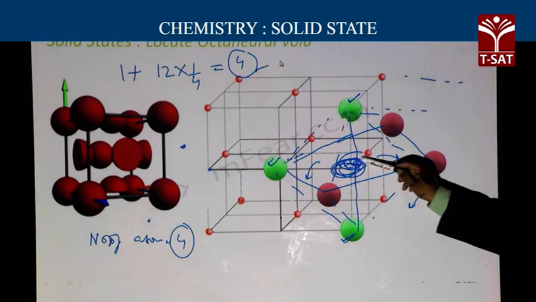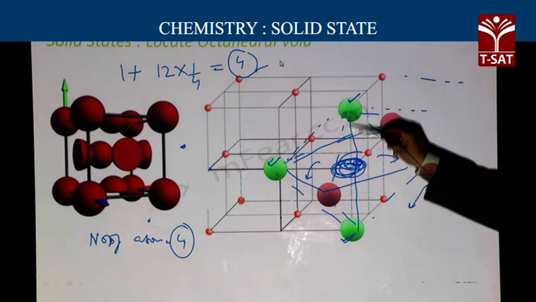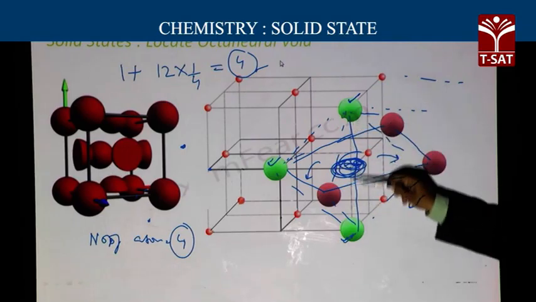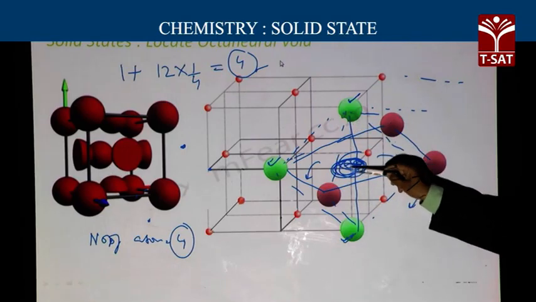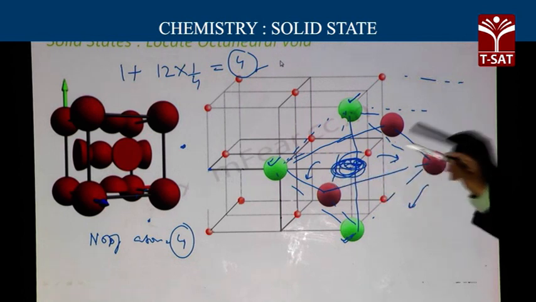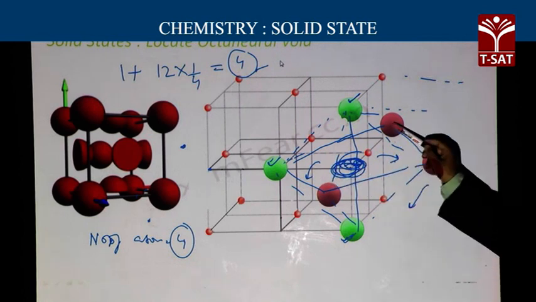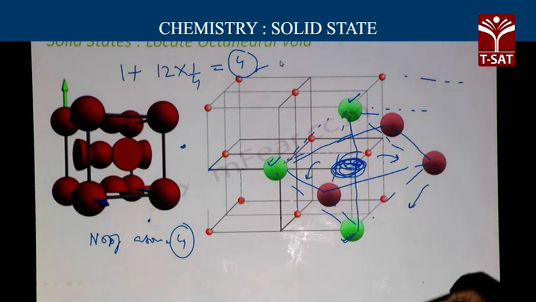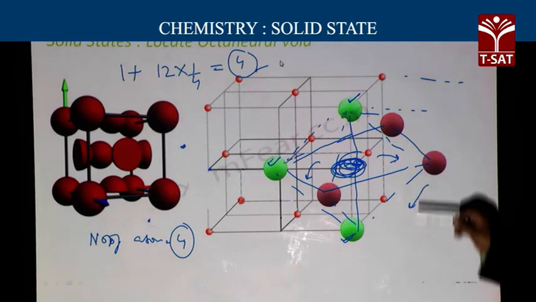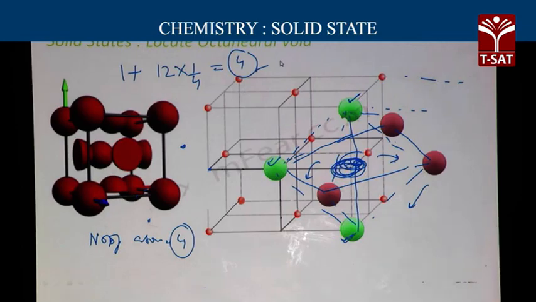They are formed at the edge center region. Edge center region, one octahedral void is formed. So coordination number of octahedral void is how much? Coordination number of octahedral void is 6. In any unit cell, how many octahedral voids are present?